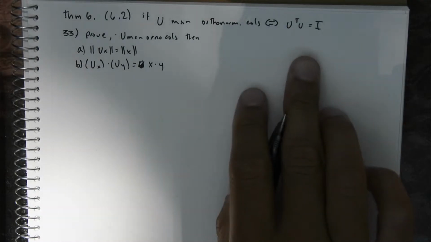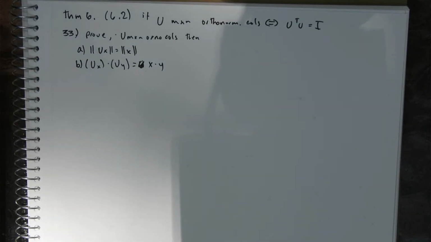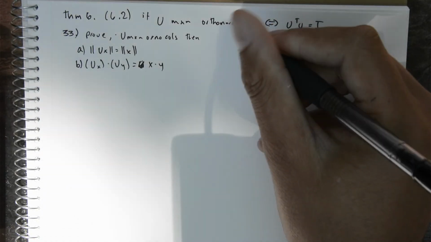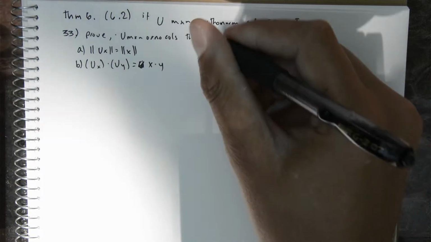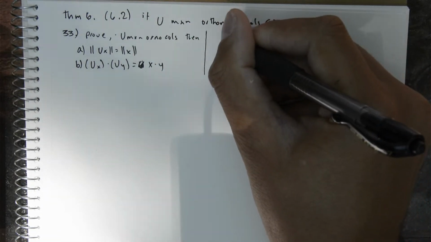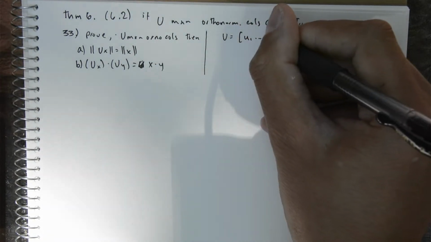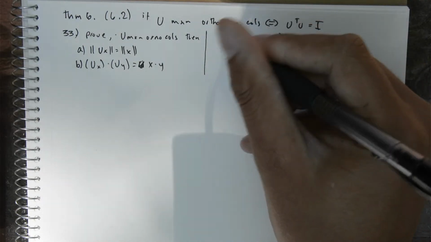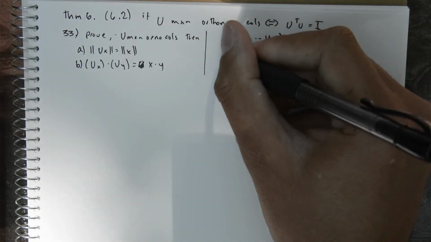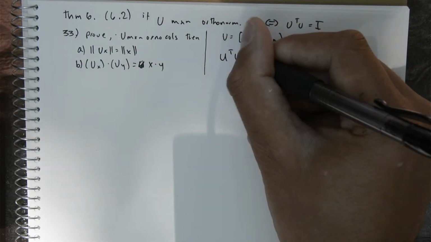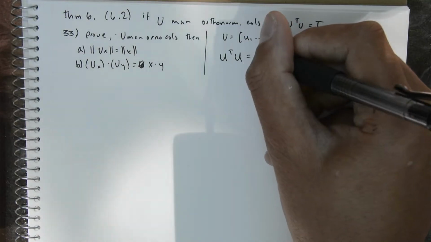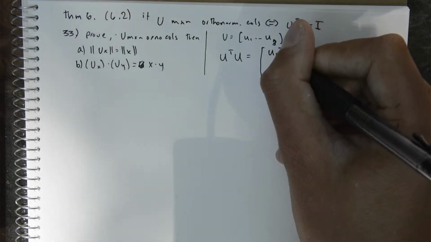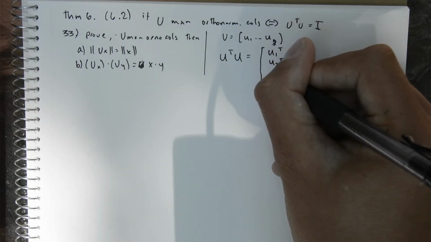So we have this theorem, which is, well, I actually want to rewrite down the proof of that. So let u equal u1, u, n. Let's just say 3. So then you get u transpose u is equal to u1 transpose, u2 transpose, u3 transpose.